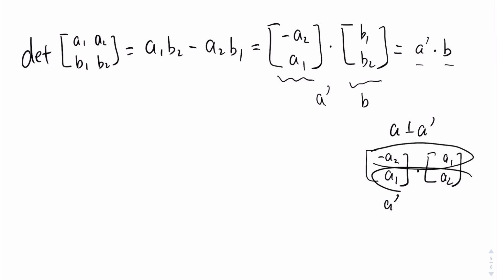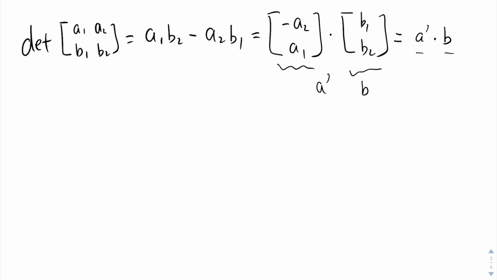If you calculate it, it's 0. So A and A prime are perpendicular. So let's draw a graph. We have vector A prime perpendicular to A. So let's say this is vector A, this is vector A prime, and they should have the same length.